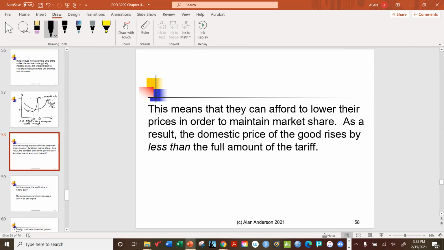And what does that have to do with anything? That means they can lower their prices in order to maintain their market share. It's vitally important not to lose the American market. So like I was saying before, if the tariff is $30, we might discover that the price isn't going up by 30. The domestic price is only going up by, let's say, 20. Why?